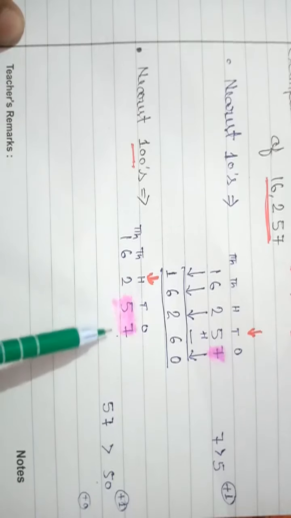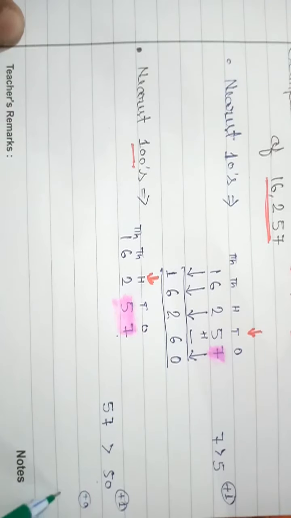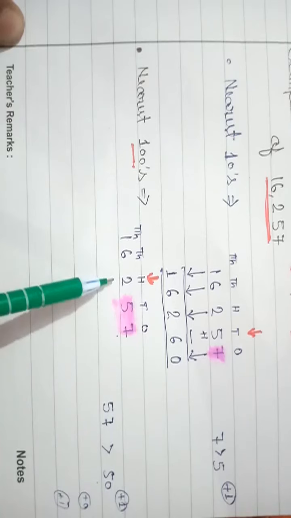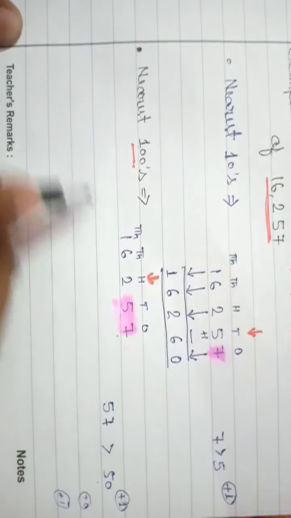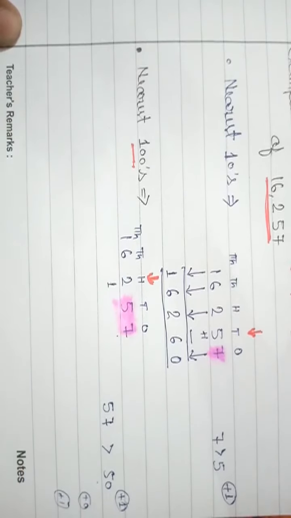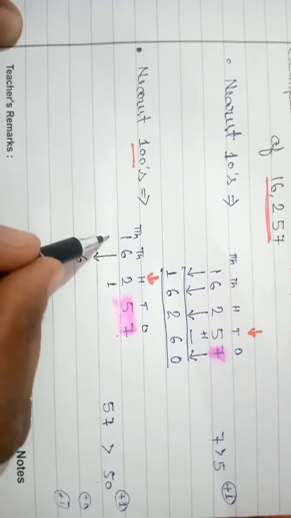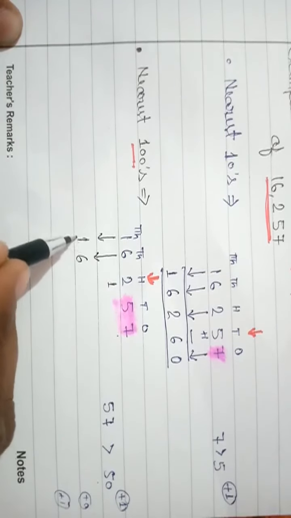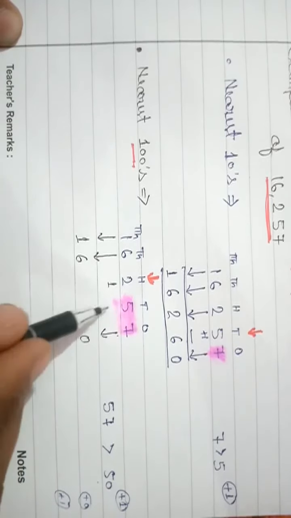If our highlighted places are equal to 50, we will also add 1 to the 100, it means target place. Okay, so here we will add 1 in target place, and the left hand side places will be same, and highlighted places will be converted to 0.